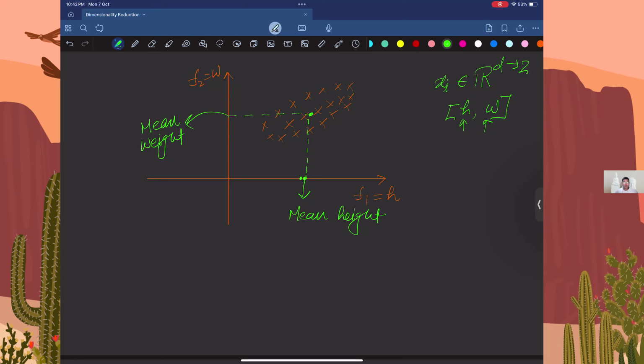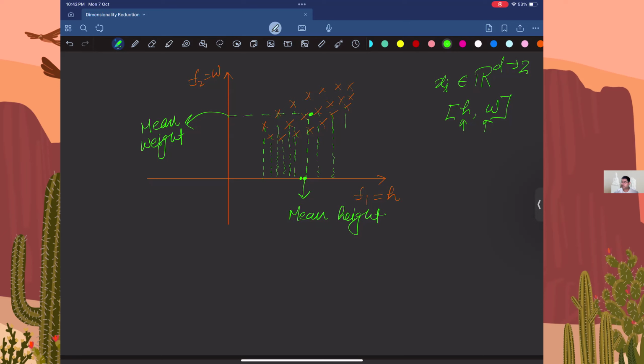What I am doing, basically, is this: let's suppose I am projecting this point. If I project all these points on my F1 axis, or on my X axis, I will get points on this axis, something like this.